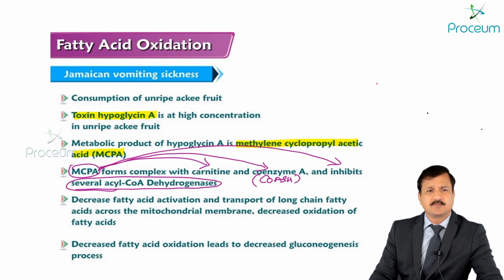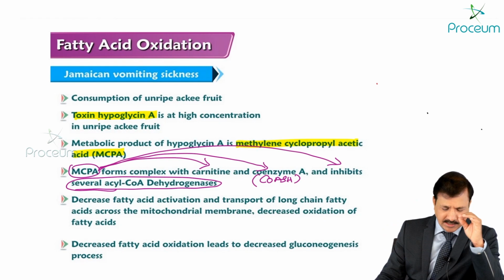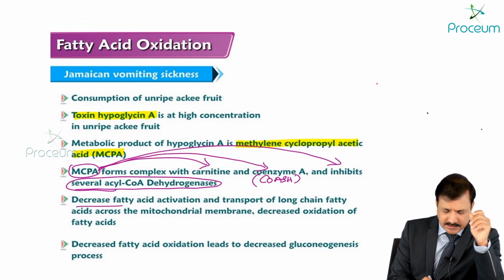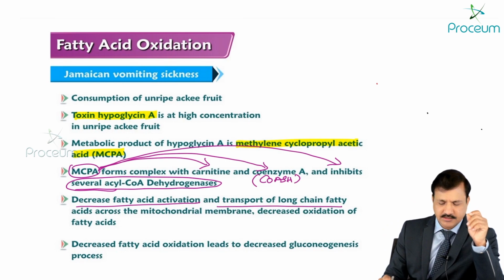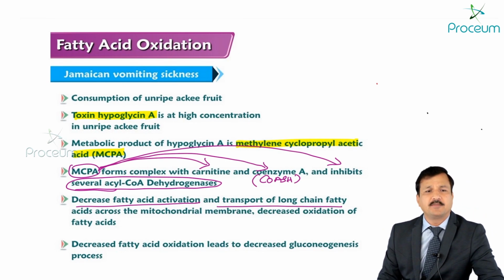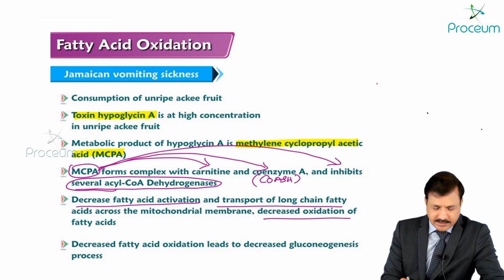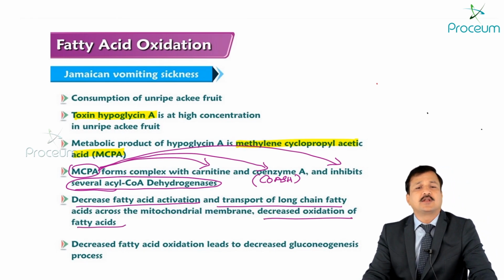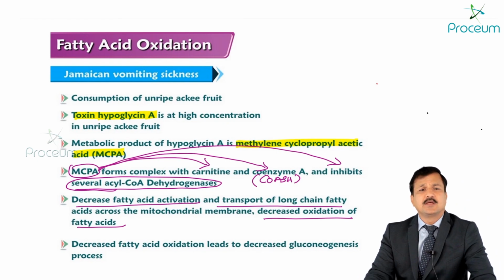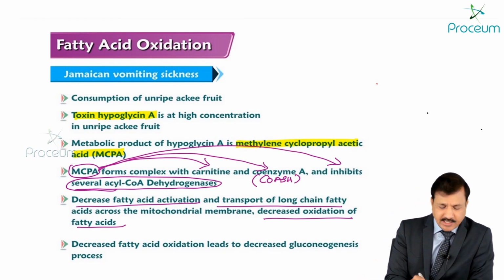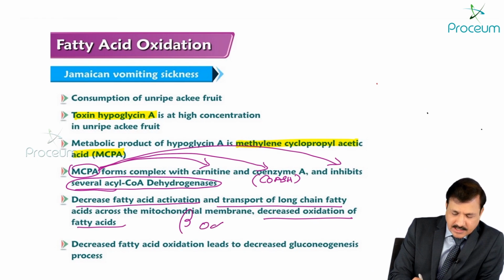Because of these three actions of MCPA, there will be a decrease in fatty acid activation, a decrease in the transport of long chain fatty acids across the mitochondrial membrane, and also a decrease in oxidation of several types of fatty acids. So overall beta oxidation of fatty acid is down.